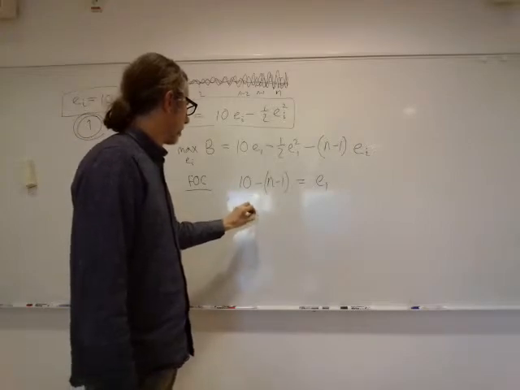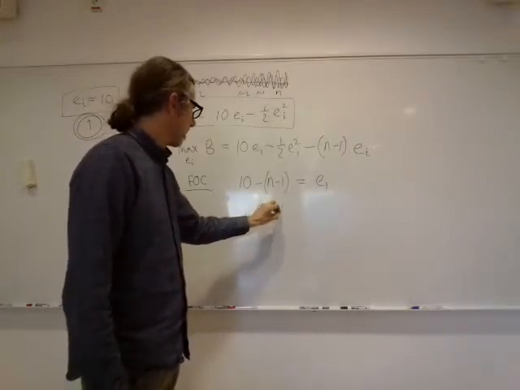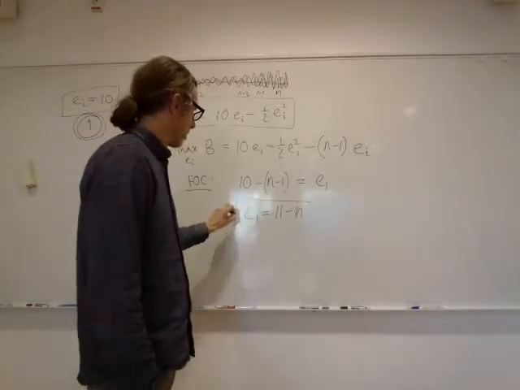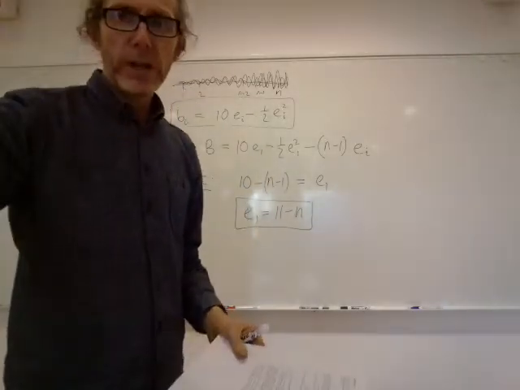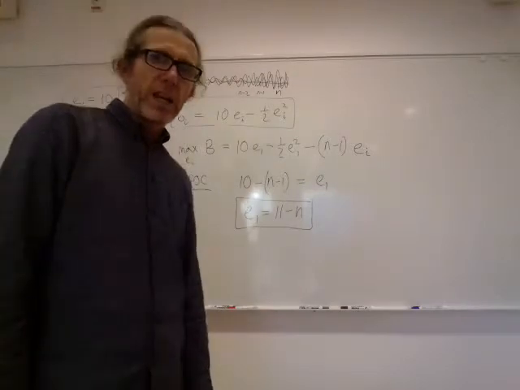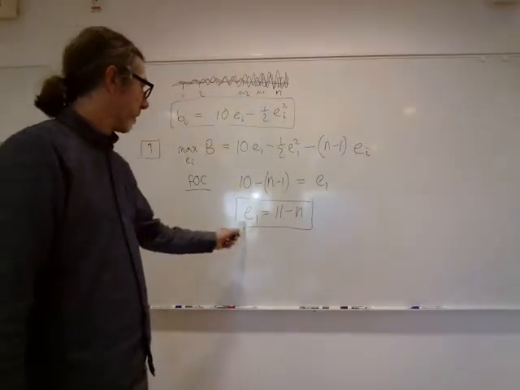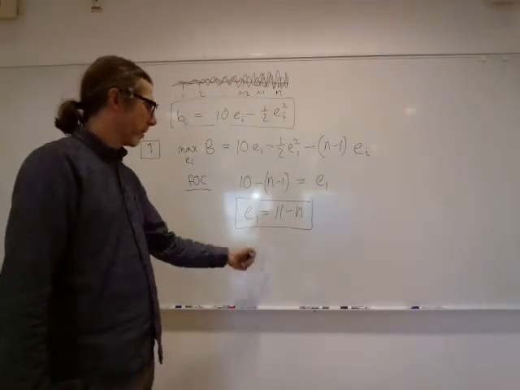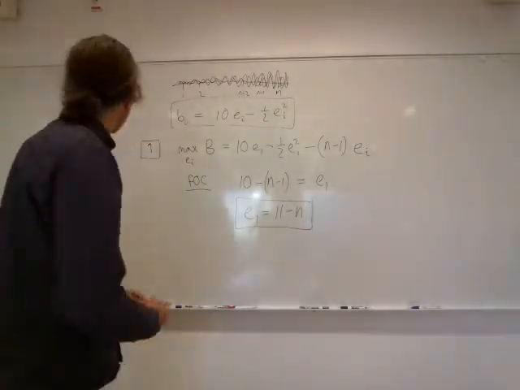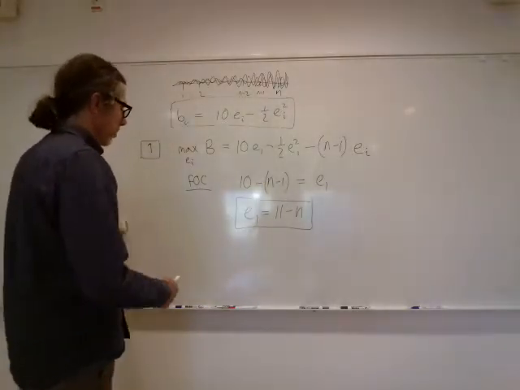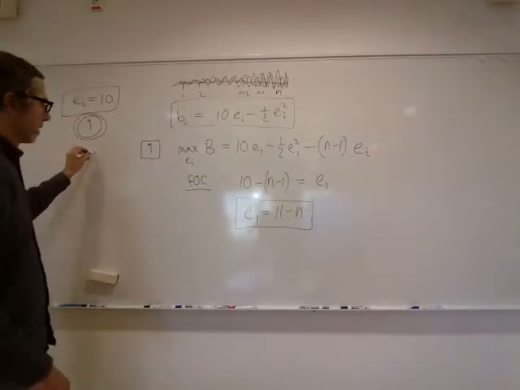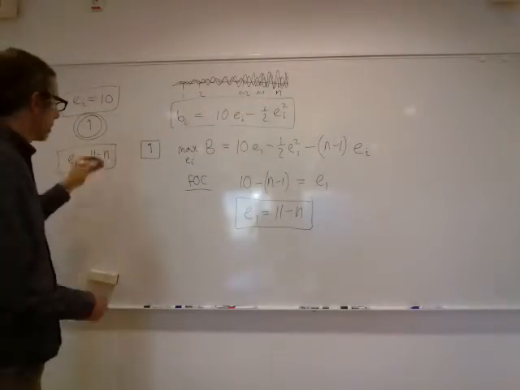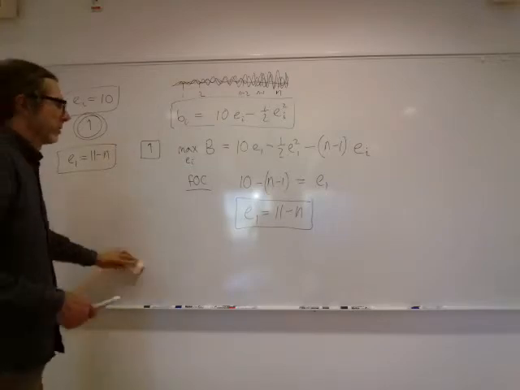So E1 is 11 minus n. And we'll take a wee breather there. Okay. This is all very well, but do we really want to do this over and over again for each of the countries? No. So let's just park that answer, E1 is 11 minus n, and see if we can do something more general.